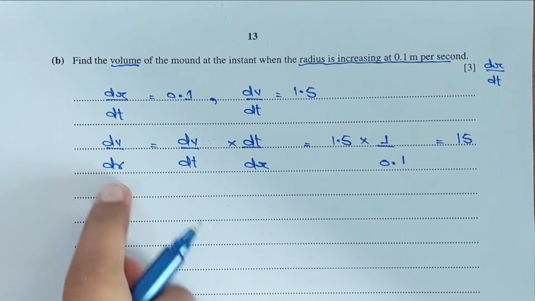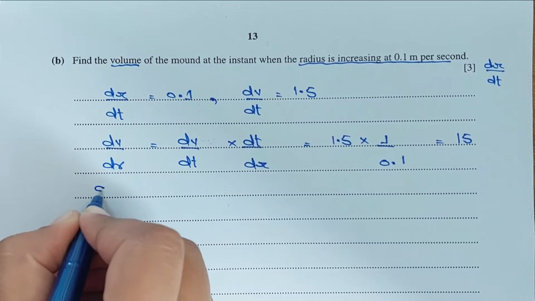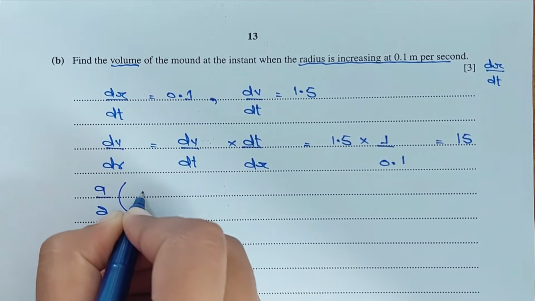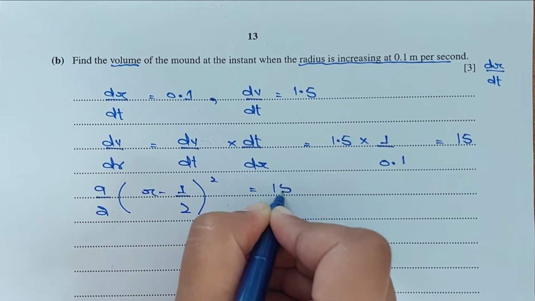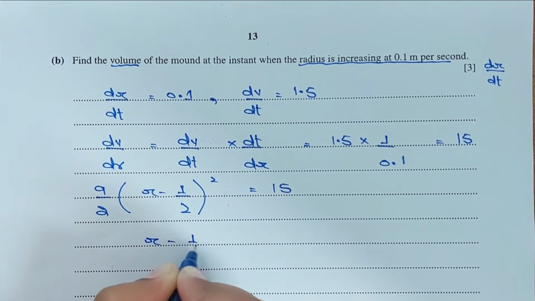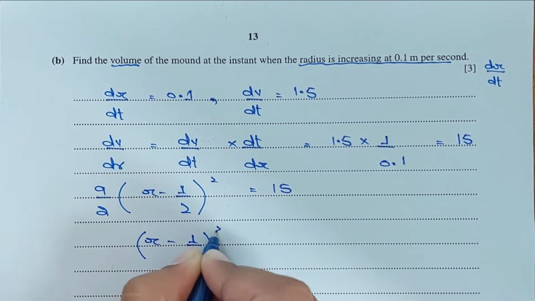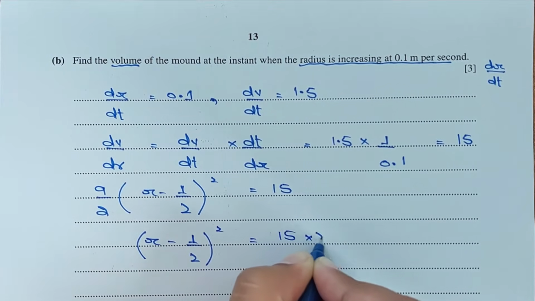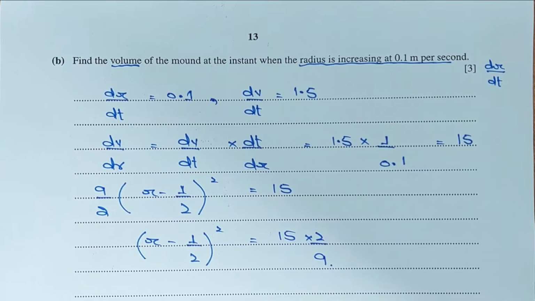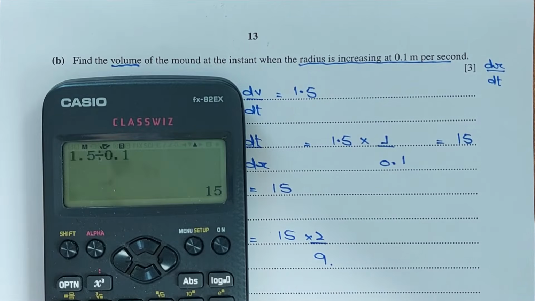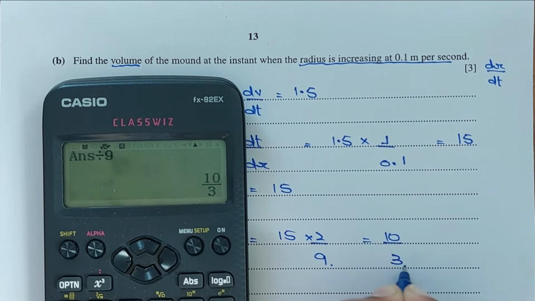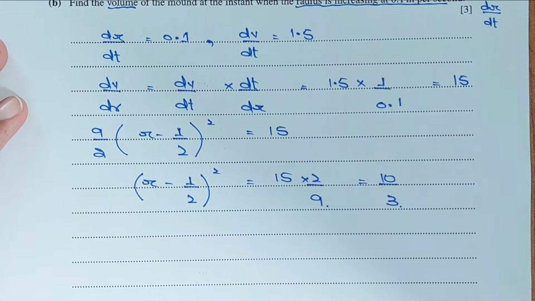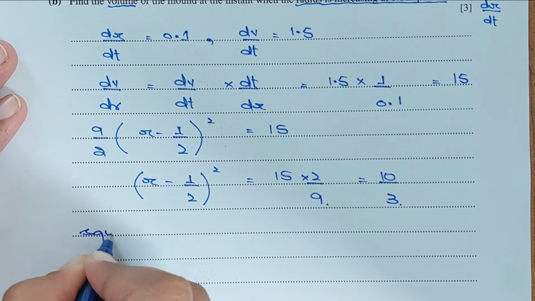So we have the dV over dr value from the first part, which is 9 by 2 into (r minus 1 by 2) whole squared. This equals 15. (r minus 1 by 2) squared equals 15 times 2 over 9, the reciprocal, which is 10 by 3. Now we have to solve for r. We can take the square root on both sides.